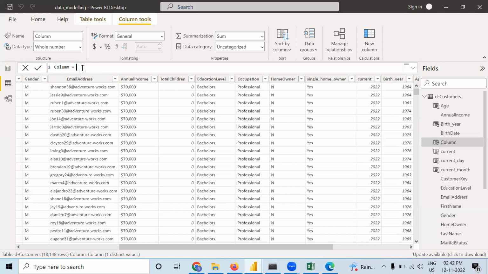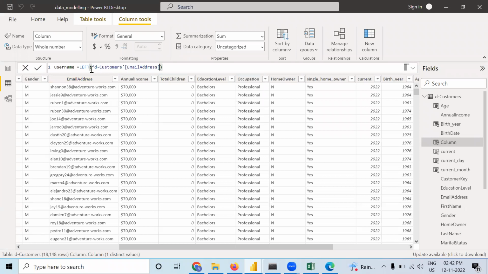So for that, first I'm making a new column and naming it username. Here I can write left, and within this left I first have to mention the column, that is email address.